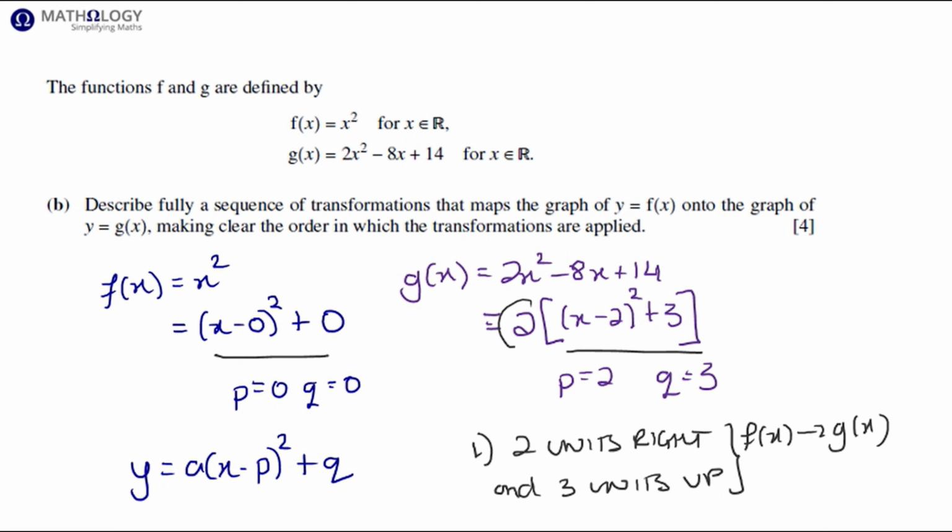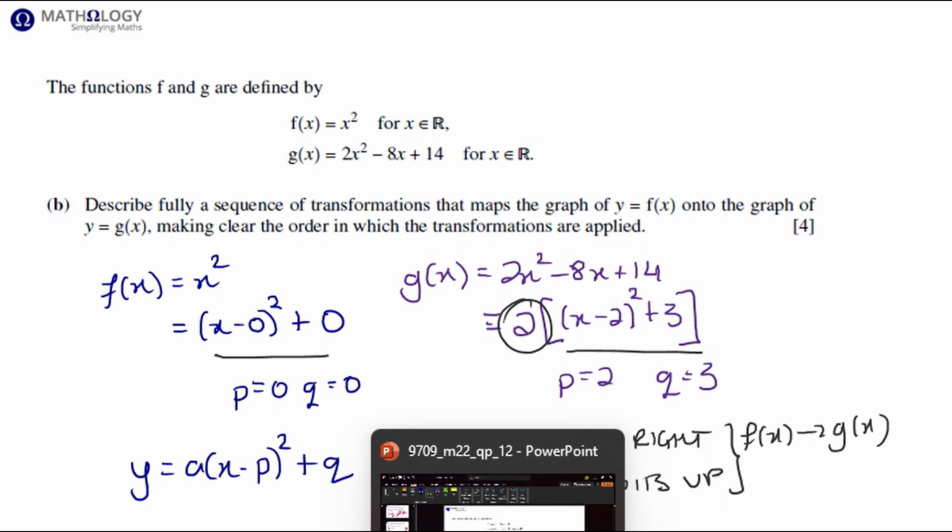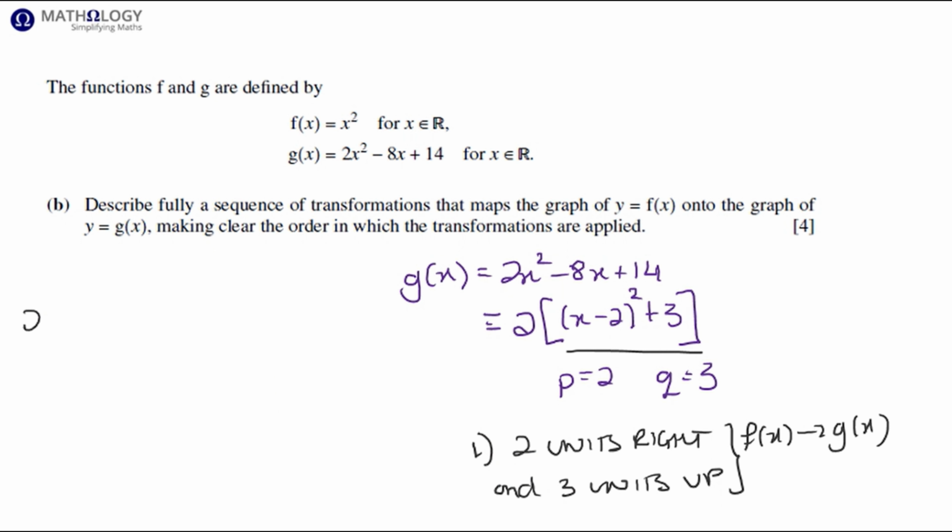But now we've also got this 2 to consider as well. The transformation after the horizontal and vertical shift is a stretch. It's a vertical stretch indicated by the 2 outside those square brackets.